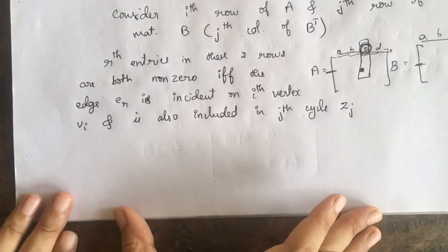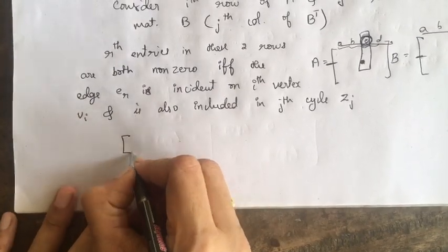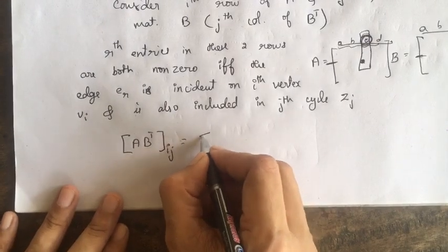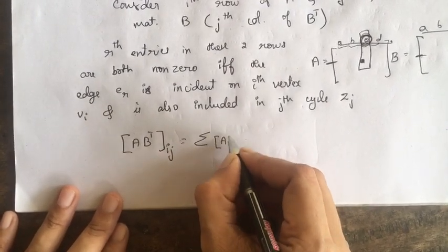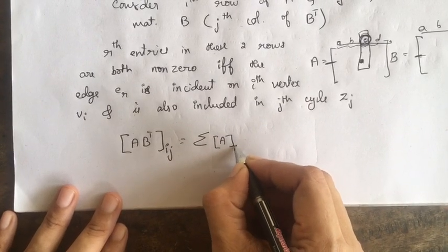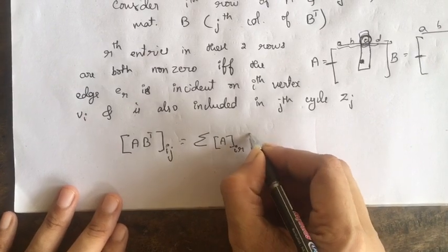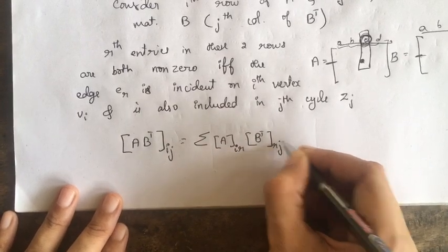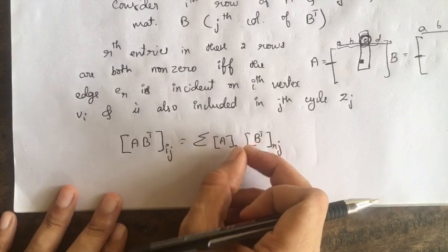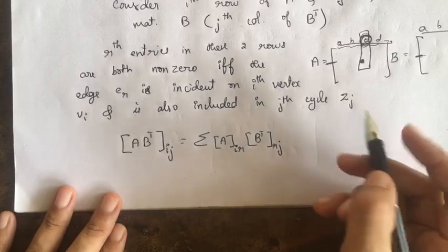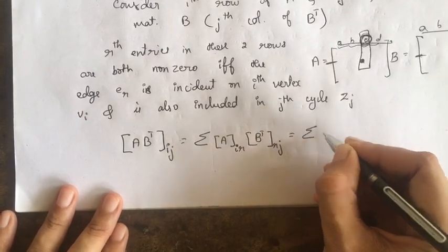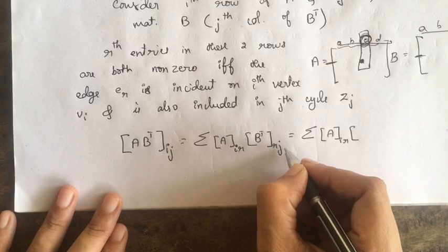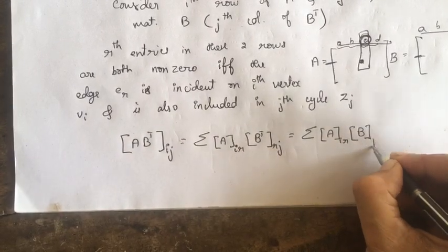Okay, so we know matrix multiplication. When I write a matrix AB transpose, it can be written as the summation of matrix A with entries AIR and matrix B transpose with entries RJ. I'm taking the sum of all these products. Matrix B transpose RJ is the same as writing BJR.